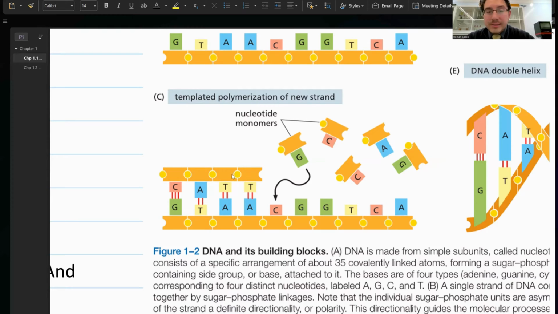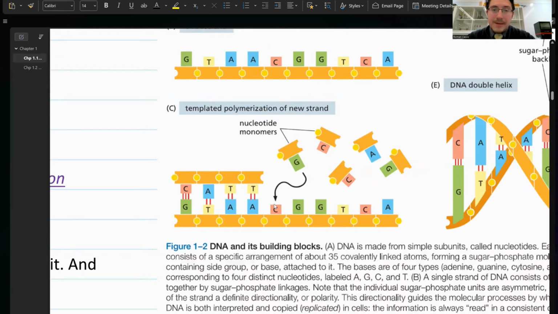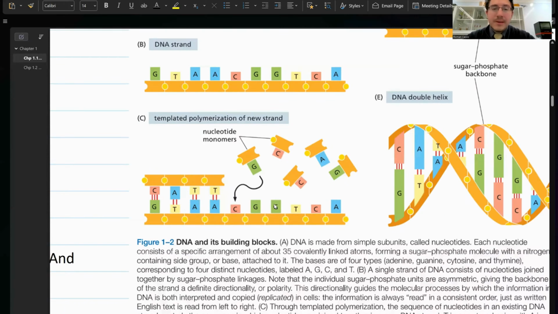And they always connect in a series. As you can see in this picture, G is coming in and attaching. What's quite consistent is that the sugar phosphate, like Legos, just comes in and nicely bonds covalently from one to another. But from one nitrogenous base to another, you get a hydrogen bond, which is a more temporary bond, as we know.